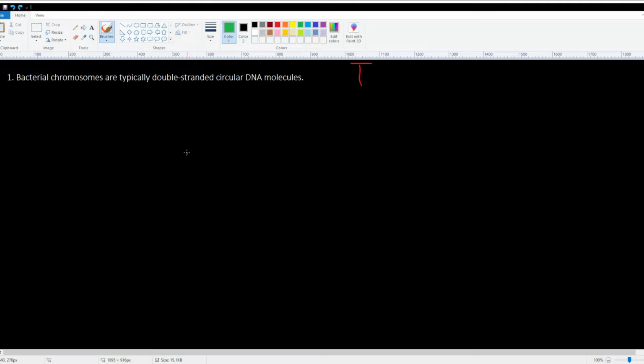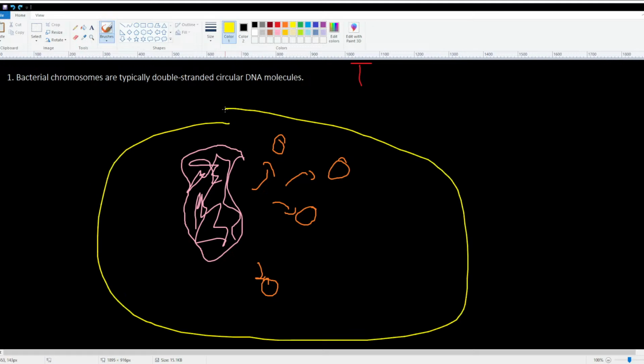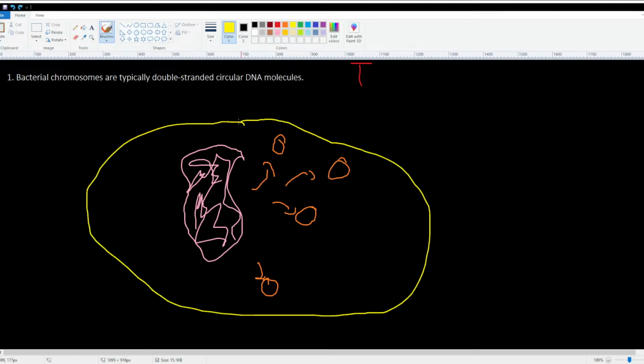So let's say this pink region is our nucleoid, right? And then outside of our nucleoid, we have what are known as plasmids, right? So these plasmids can go out. Let's say we have this cell, and let's give it a little flagellum too.